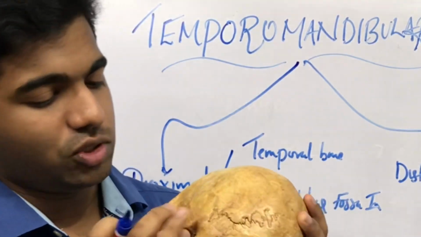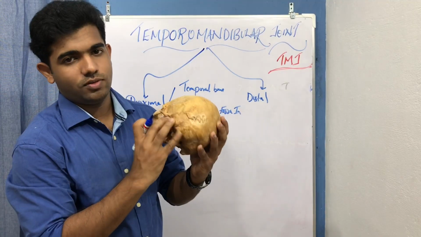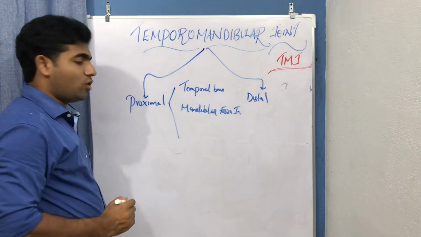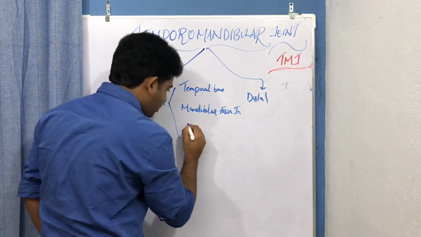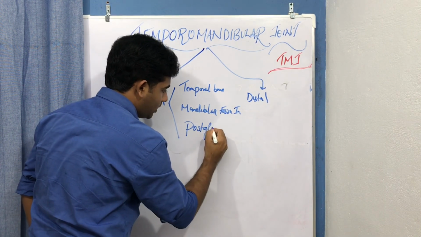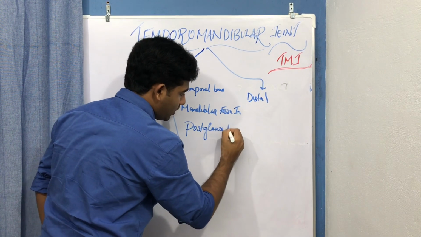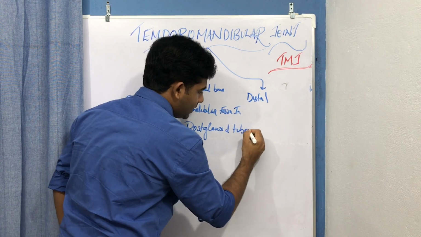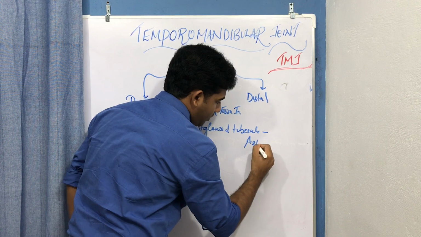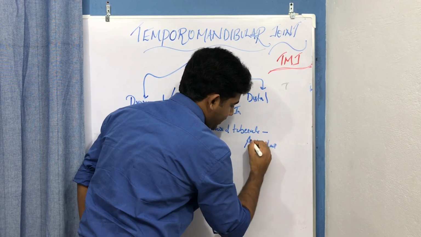Both sides you have the same mandibular fossa. Let us just go through that. The mandibular fossa in the temporal bone expands between the postglenoid tubercle and the articular eminence.